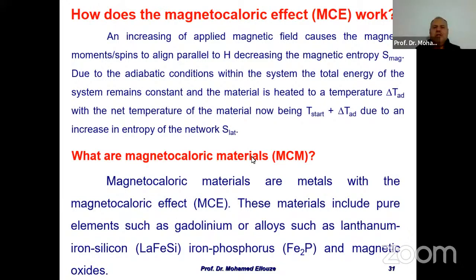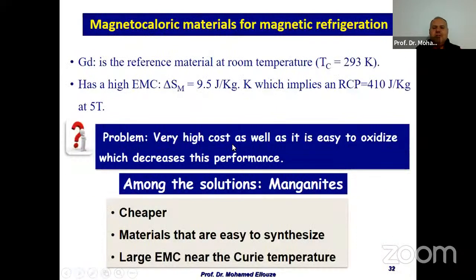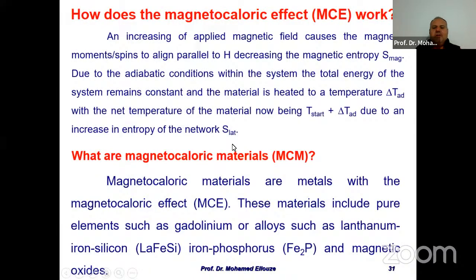After that, we can suppress the magnetic field. Once we suppress the magnetic field, we have another state of entropy.